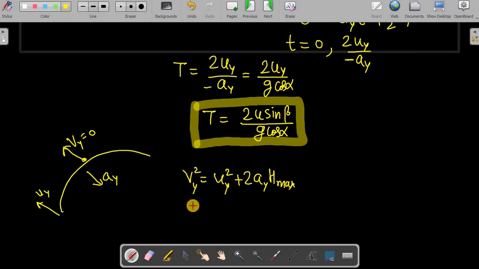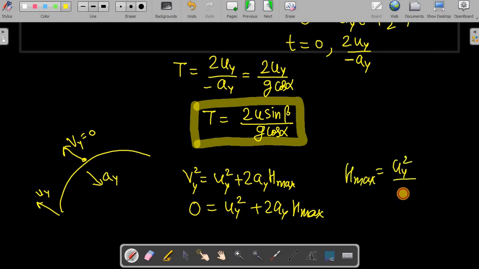When you apply this, the final velocity will be 0. This is uy square plus 2ay into Hmax. So from here Hmax comes out to be uy square by minus 2a. Now you can substitute the value here.